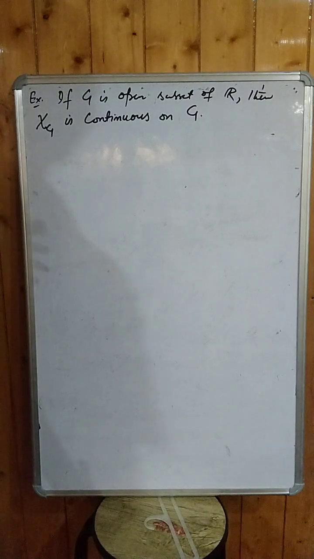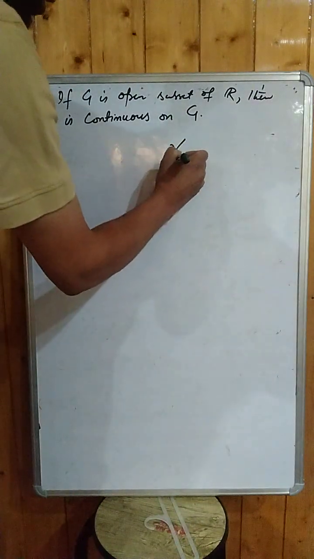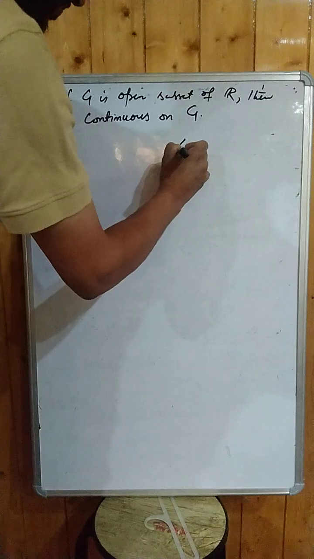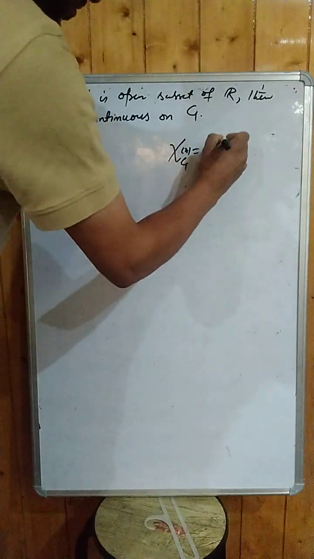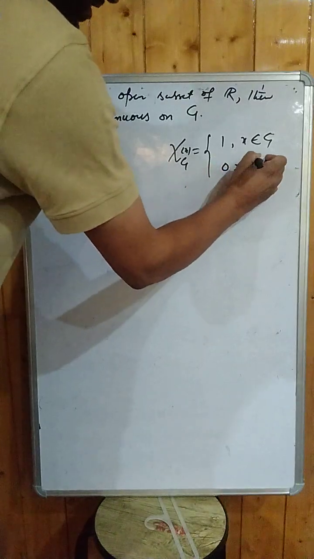then the characteristic function defined on that open set, since we know the characteristic function is defined like this: it is 1 if x belongs to G and 0 otherwise.